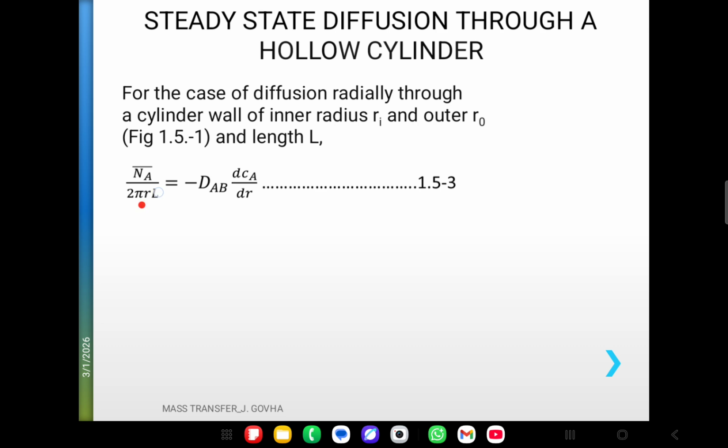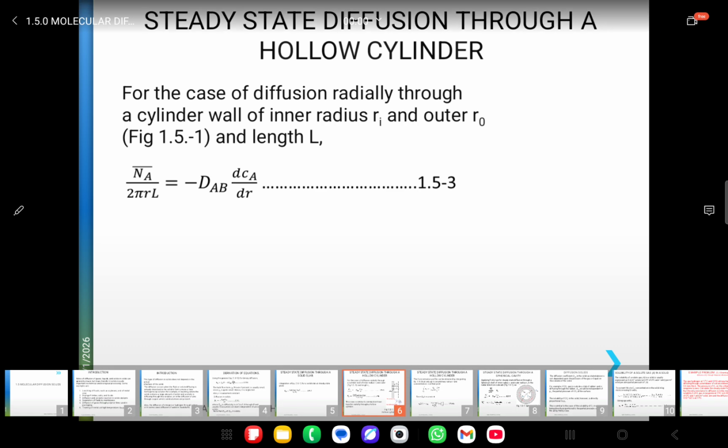But pay particular attention to the surface area of our hollow cylinder, and that's how it's calculated. Instead of z we have dr.